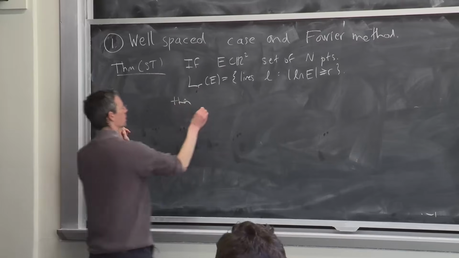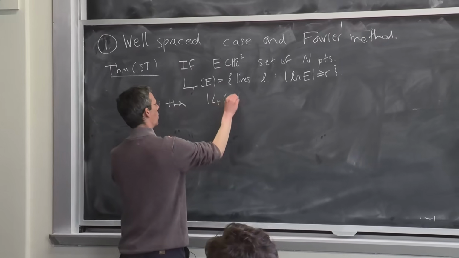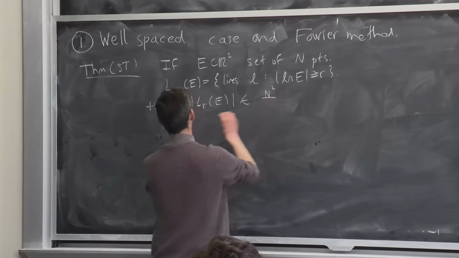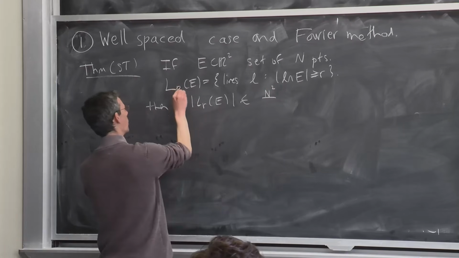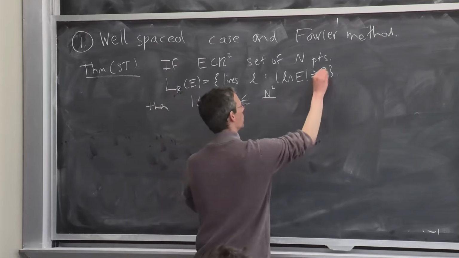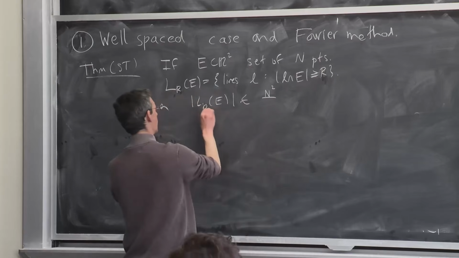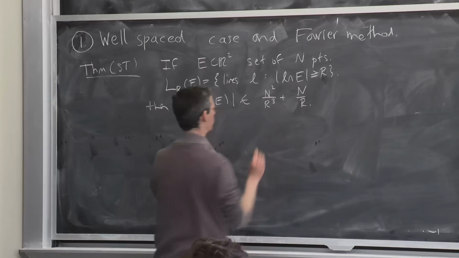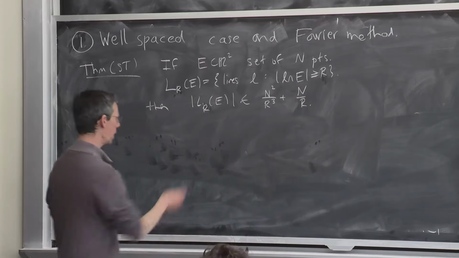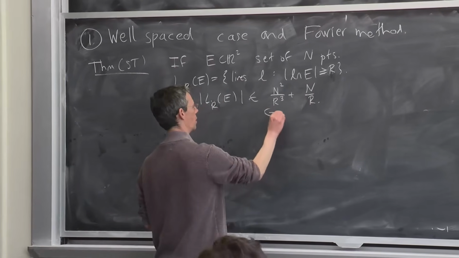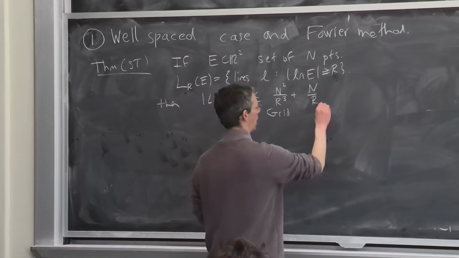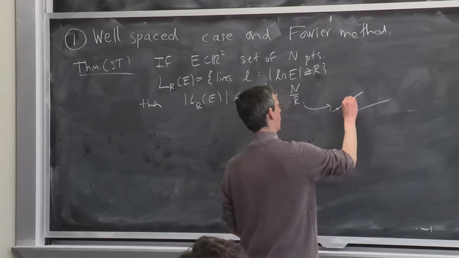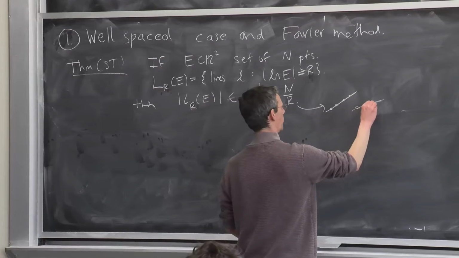The conclusion is that the size of L_R of E is bounded by, let me do a big R to match some other notation, N squared over R cubed plus n over R. This n squared over R cubed comes from the grid example, and this n over R comes from a very simple example where you just draw a few lines and you put R points on each of them.